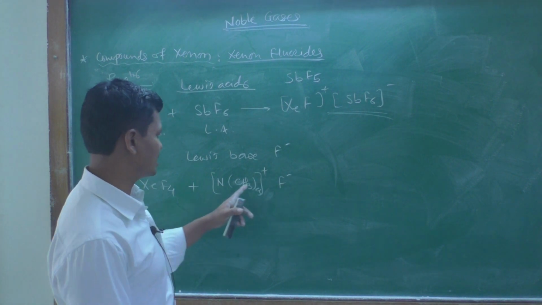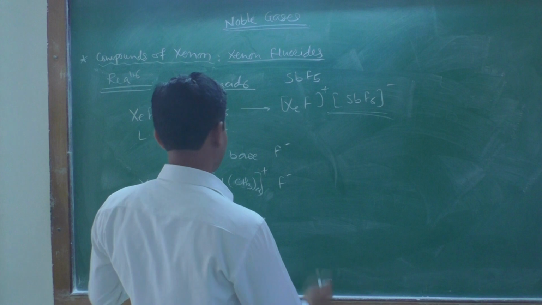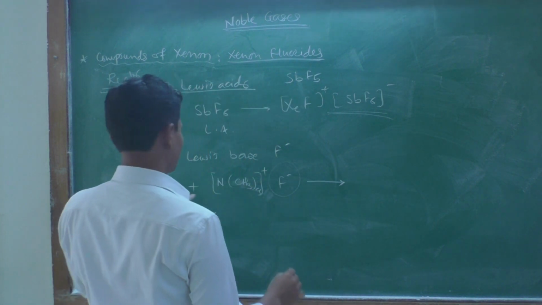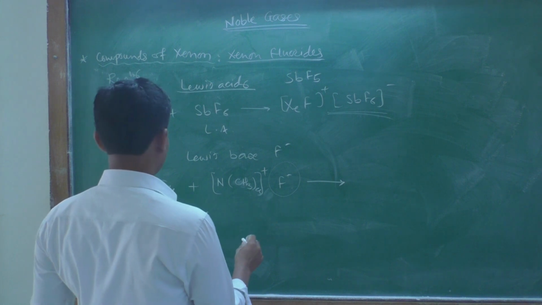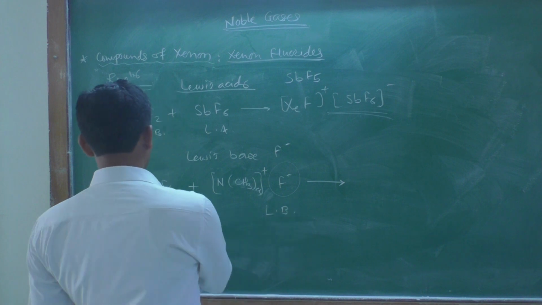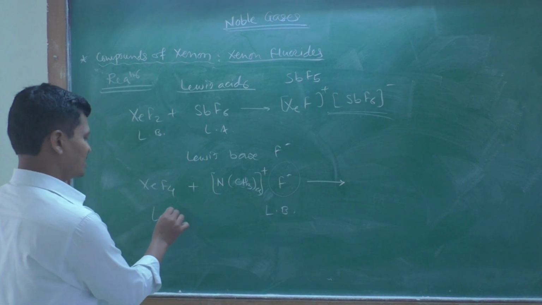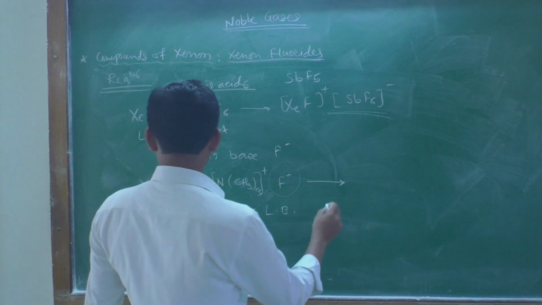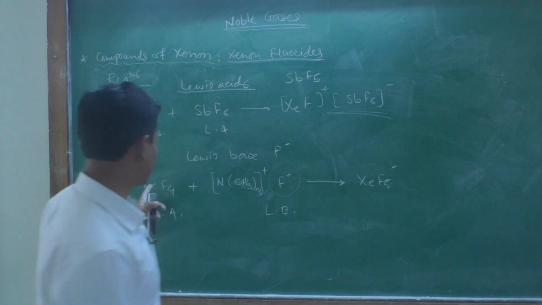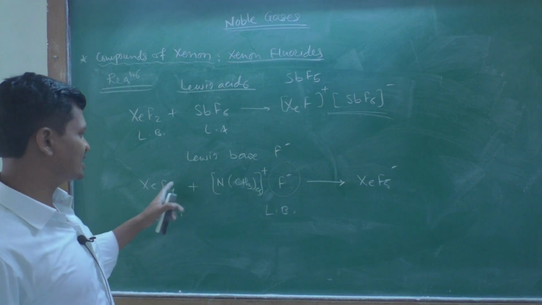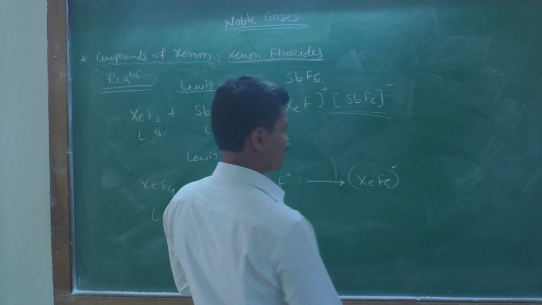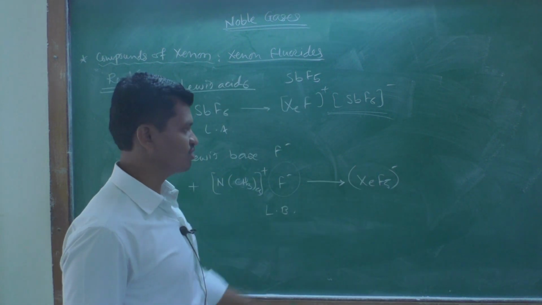Tetramethyl ammonium fluoride has the F minus species. When it reacts with xenon tetrafluoride, F minus is the Lewis base, and hence XeF4 will be acting as a Lewis acid. There is a formation of XeF5 minus. So this F minus gets attached to xenon, and there is a formation of XeF5 minus species. So this complex anion will be formed.